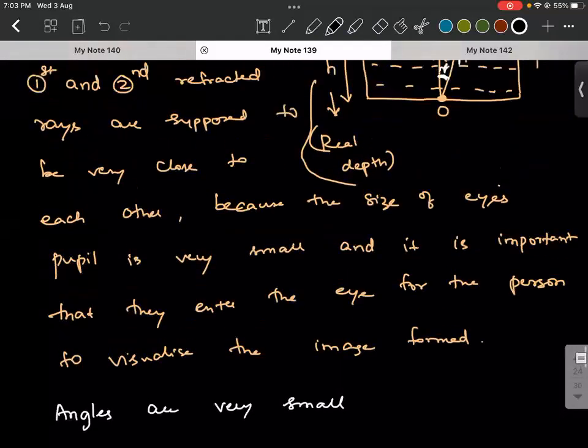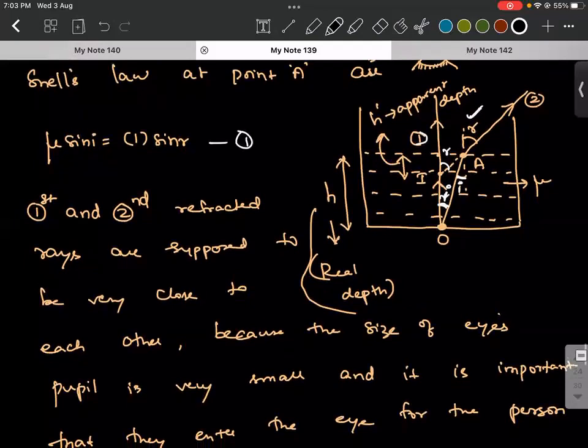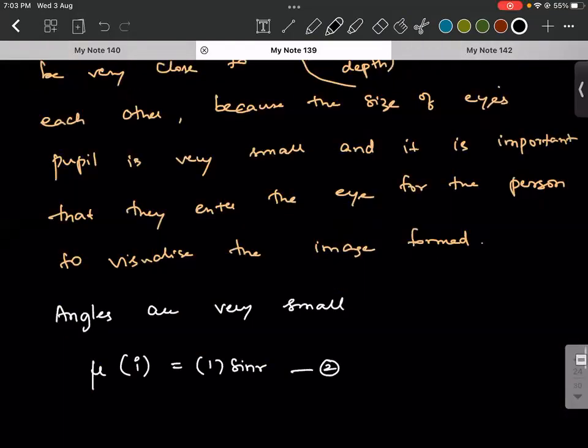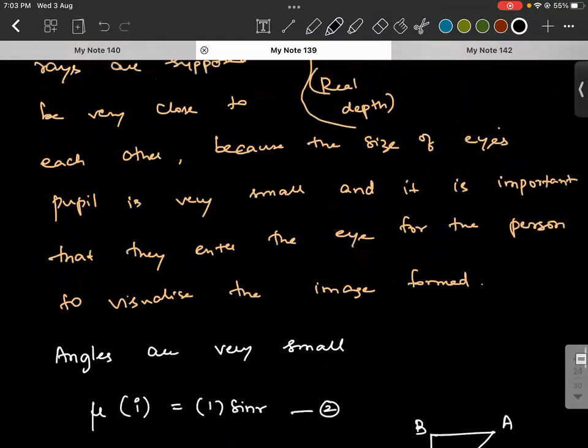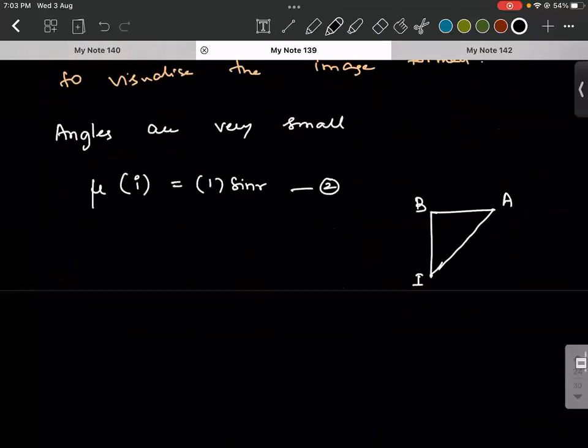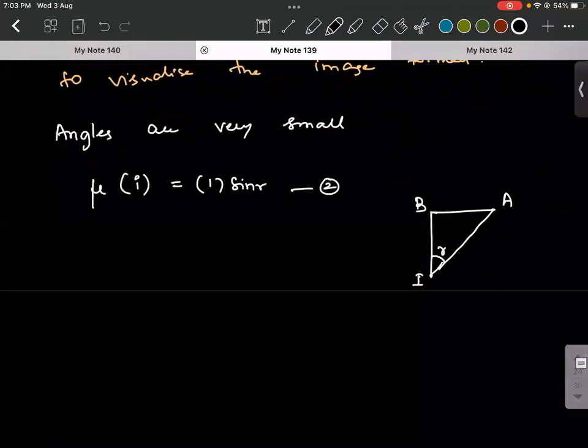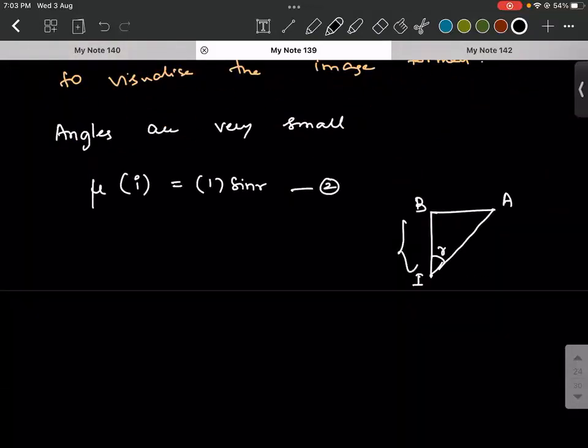Now let me look for the two right angle triangles. Let me label it A, O, I, and B. If I take the right angle triangle ABI, then this angle is R and this is H dash.